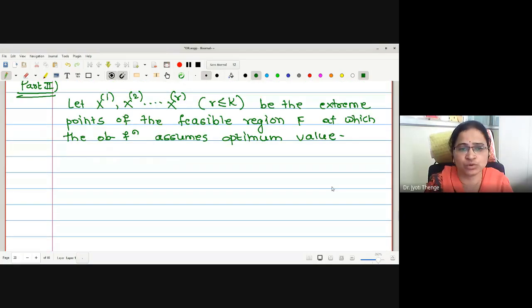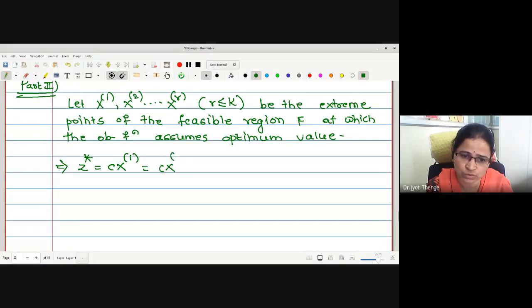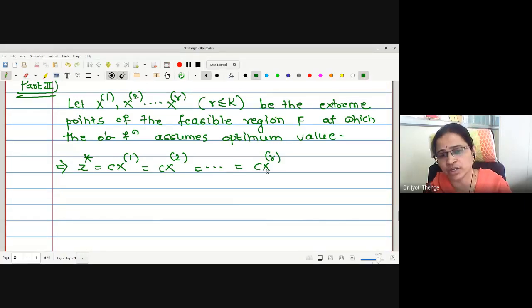What we want to say by this is that z star is the optimum value and is obtained at the first r extreme points. Therefore, shall I write this: cx1 is equal to cx2 and that is equal to cxr. The first r points give us the optimum, right? And the value is say z star.